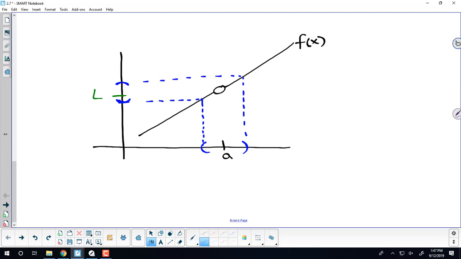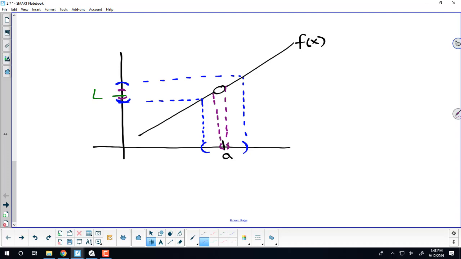So if I said I want to be within that many units of a, then that forces me to be within that distance from L. And that interval just keeps shrinking and shrinking, until, it's hard to visualize an interval right around a point, but that's kind of how you would imagine it.